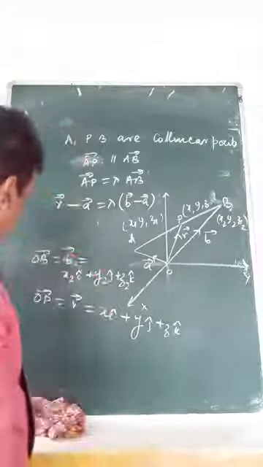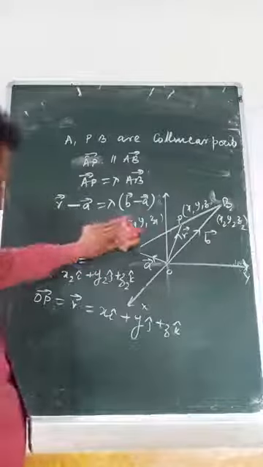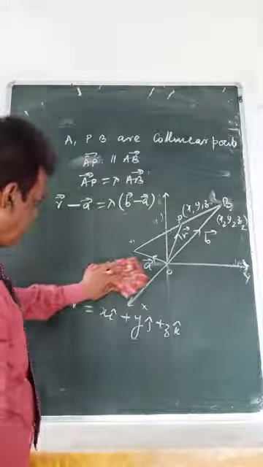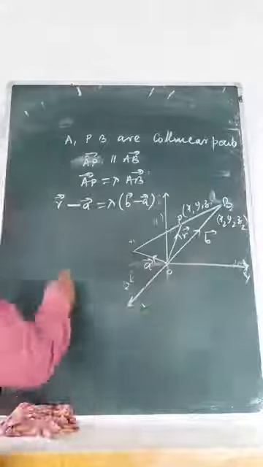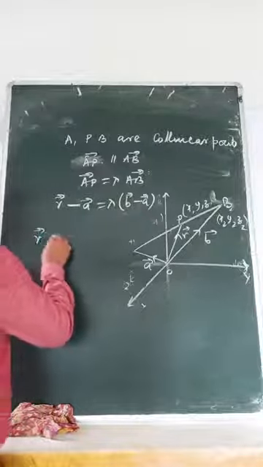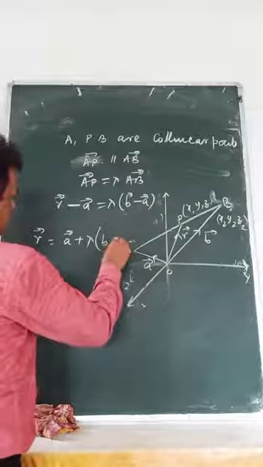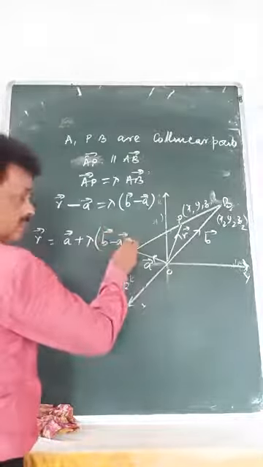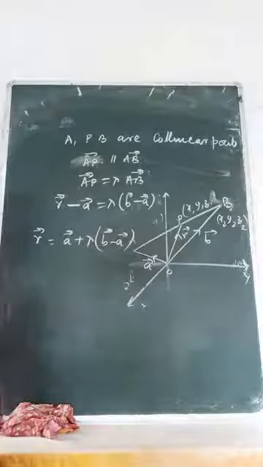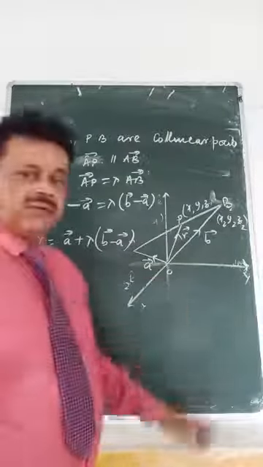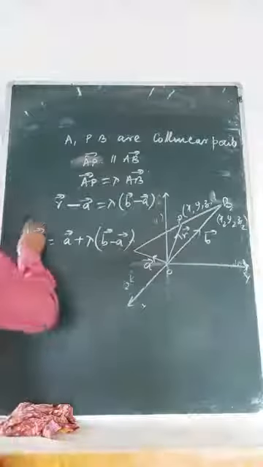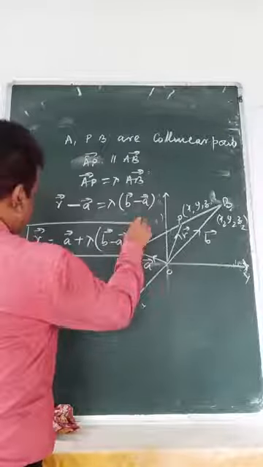Okay. Then what did you get? Then you are getting R equals to A plus lambda B minus A. Okay, this is the vector form of a line passing through two given points.